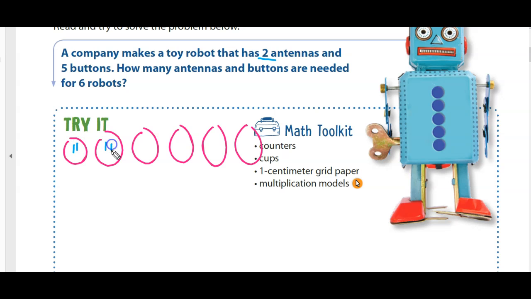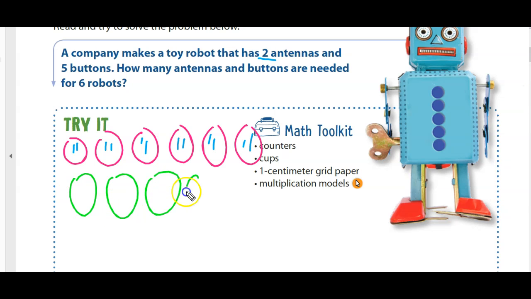1, 2, 1, 2, 1, 2, 1, 2, 1, 2, and 1, 2. Okay? But each robot has how many buttons? 5. I'm going to use another color. So 1, 2, 3, 4, 5, 6. And they have 5, right?